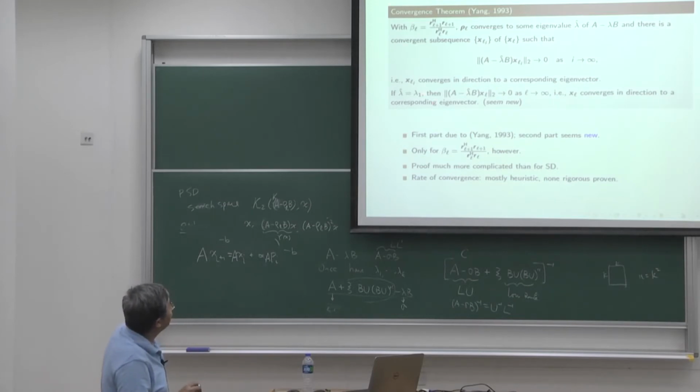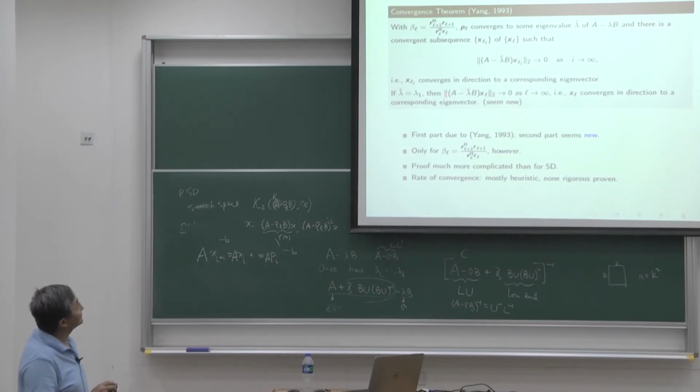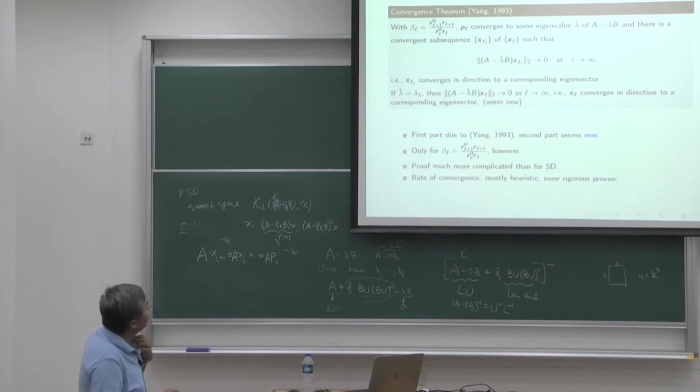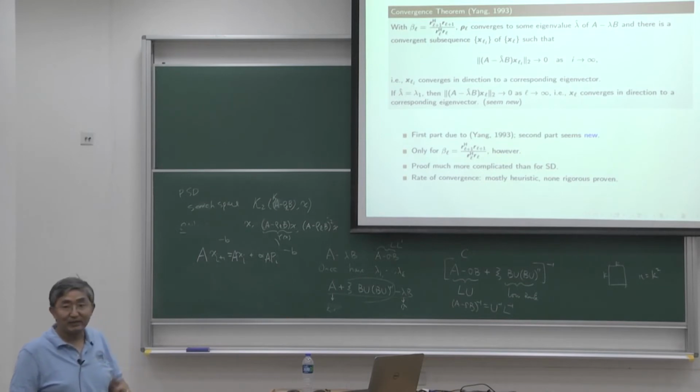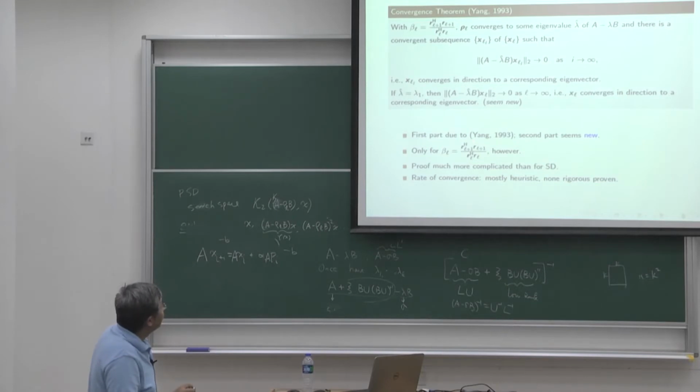Now there's a special case: if this lambda is the first eigenvalue, the smallest eigenvalue, then you can prove the whole sequence converges, the residual converges to 0. It's only a matter of proof. This second part isn't in the theorem in the paper by Yan in 1993. At least I didn't see it appear anywhere. It looks new to me, but it's not that difficult anyway.